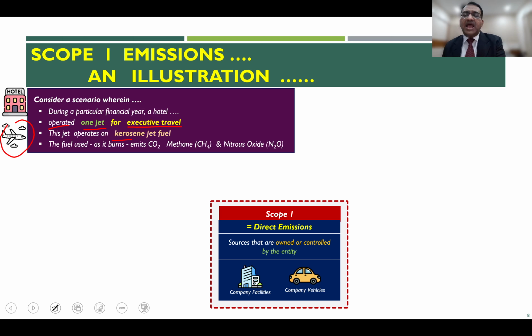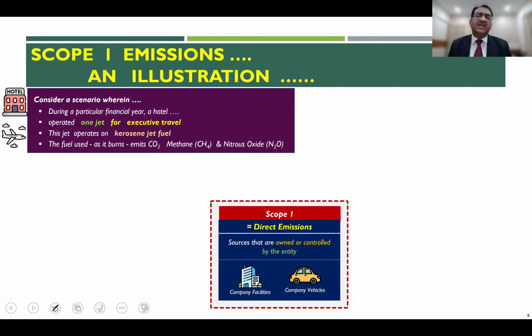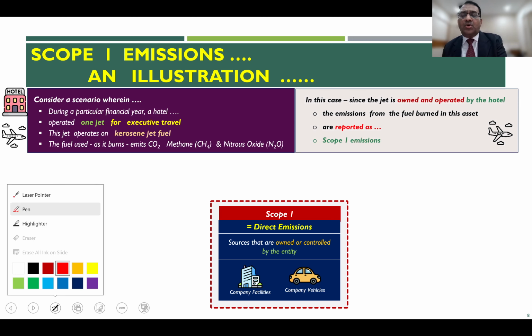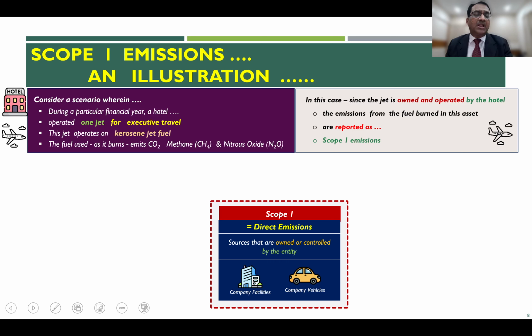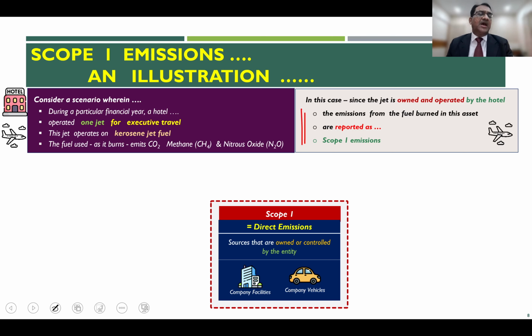The fuel as it burns emits CO2, methane, and nitrous oxide, which means these emissions are happening as the jet is being used by the hotel. So since the jet is owned or controlled by the hotel, the emission arising on account of the fuel which is burnt will be reported by the hotel as scope 1 emission.